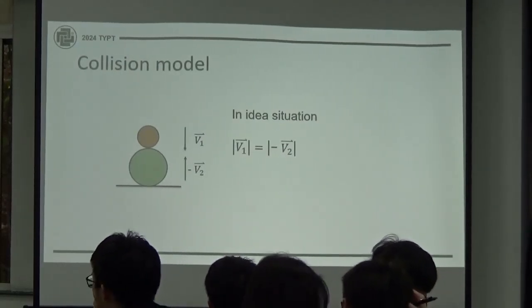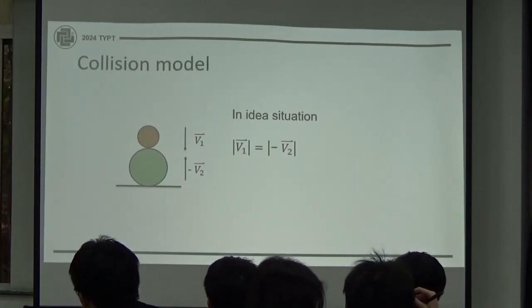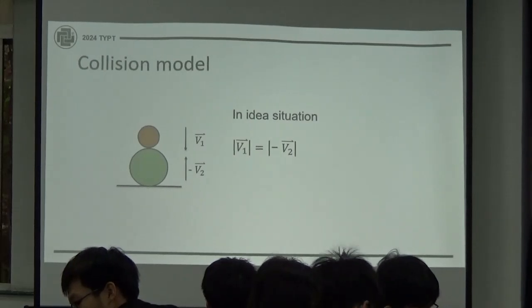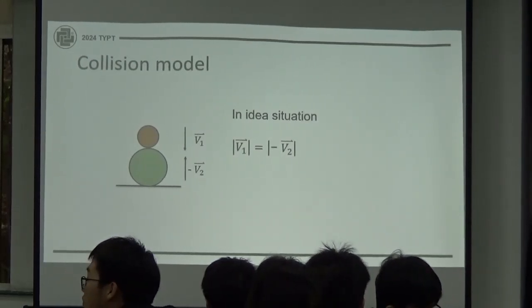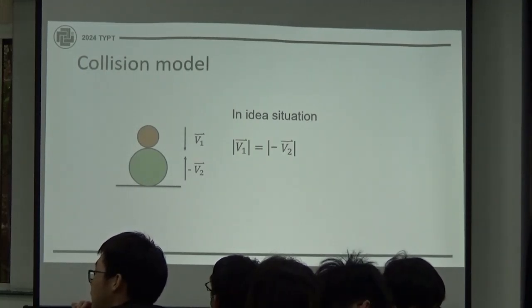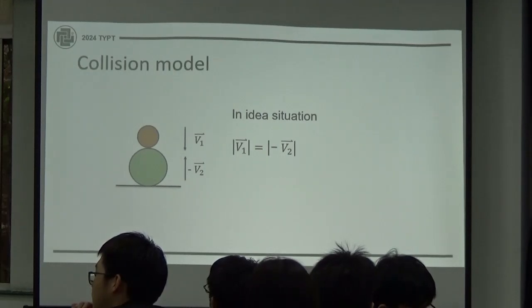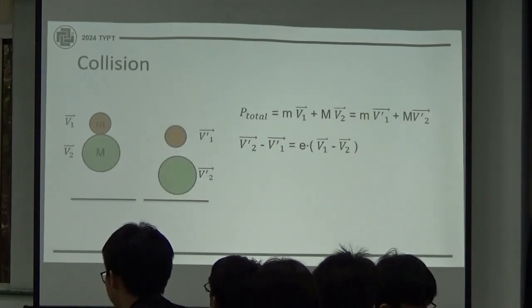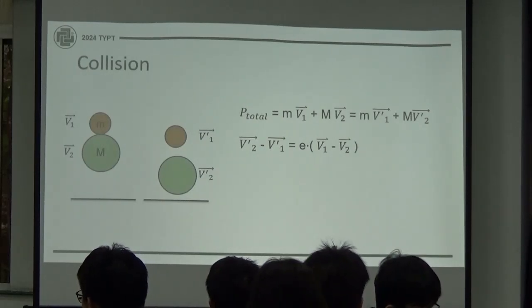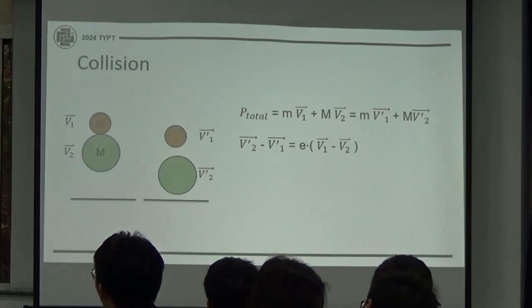And while the green ball here collides, in ideal situations, it will have the same velocity but in a different direction, up, and hit the ping pong ball, and then they will have the two new velocities V1 and V2 from here.